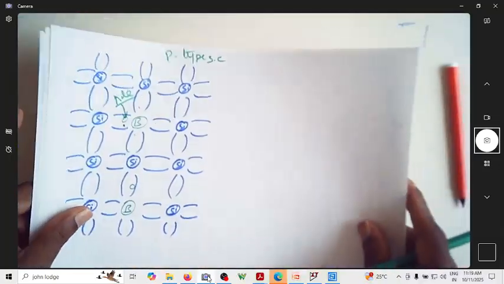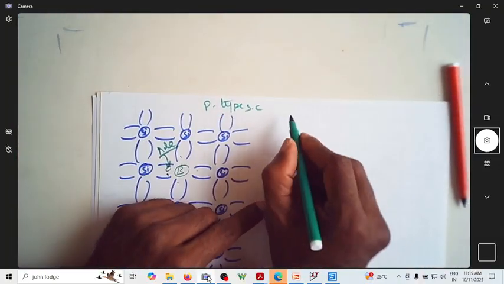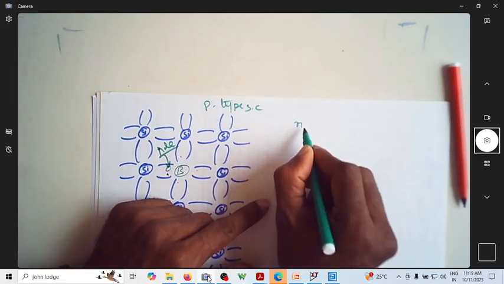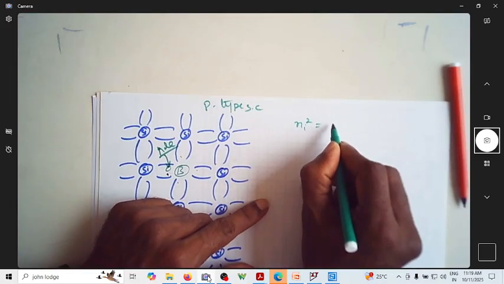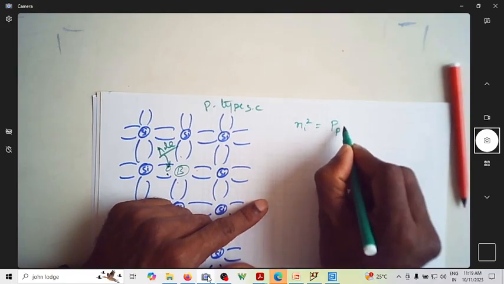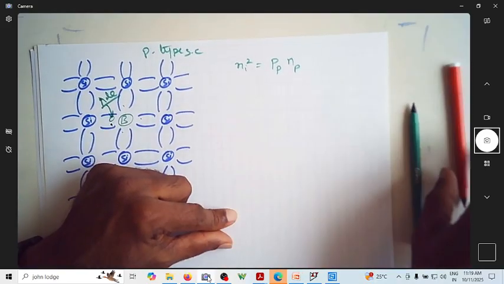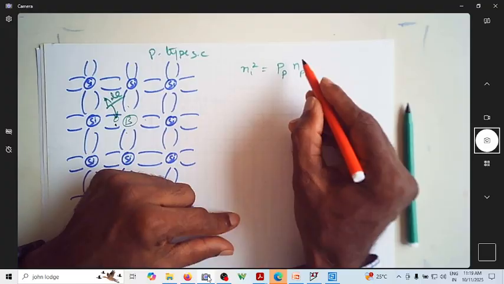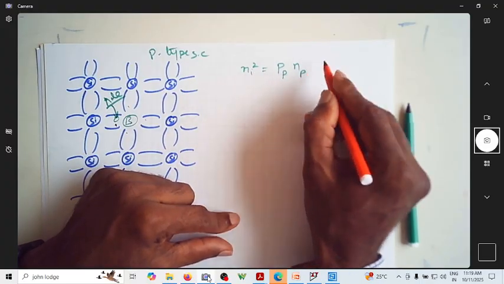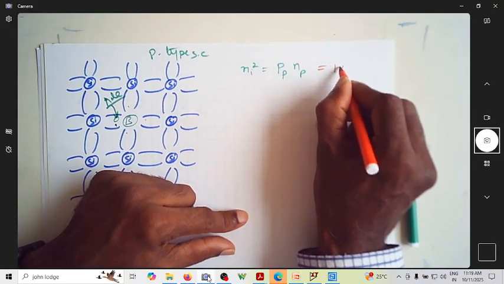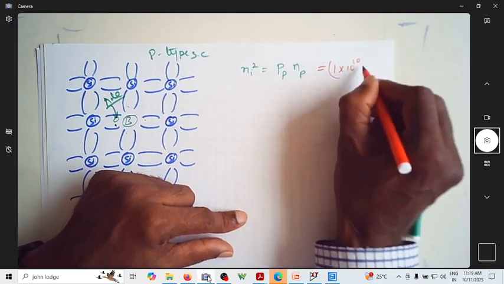In the same lines, for p type, we have ni square equal to p of p times n of p. What is this p of p? It is the number of holes in p type, and n of p is the number of electrons in p type. Ni square is nothing but 1 into 10 power 10 whole square.